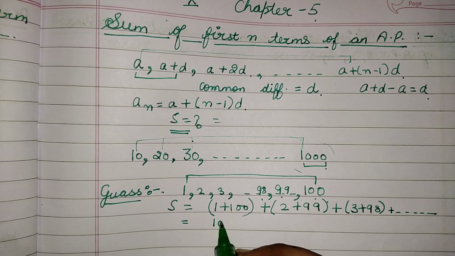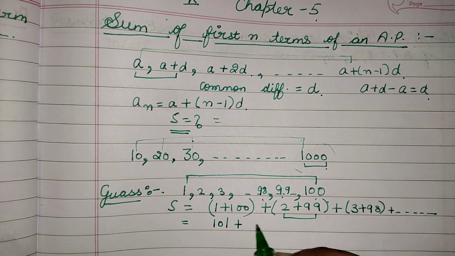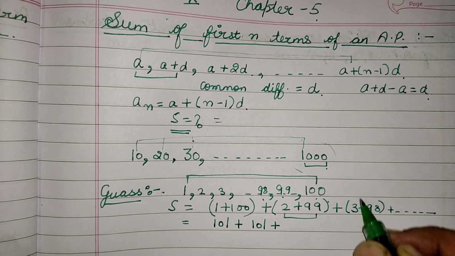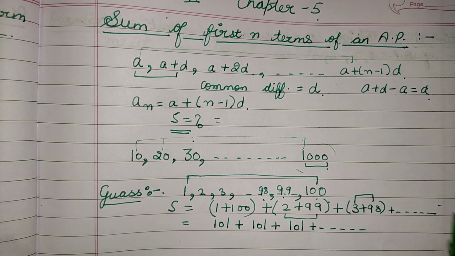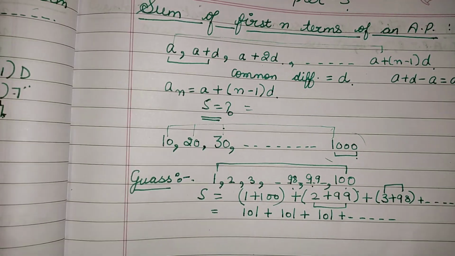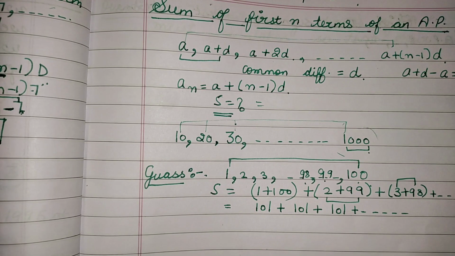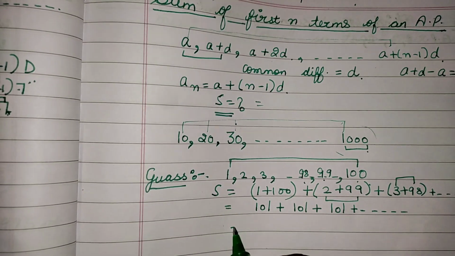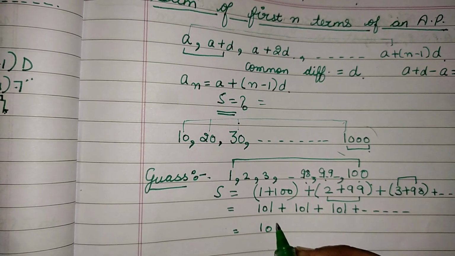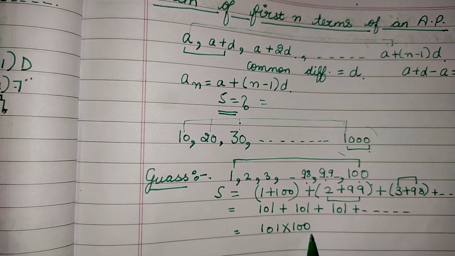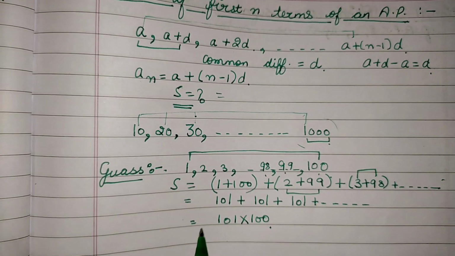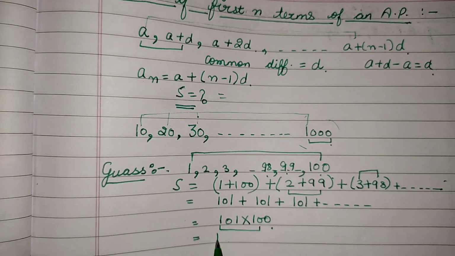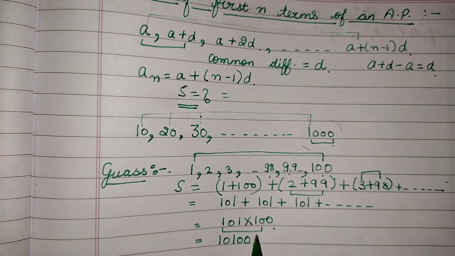So what will you get? 101 from here, and from here also 101, and from here also we will get 101. So how many such terms will be there? 100 such terms. So we can write it like this: 101 into 100, because there are 100 similar terms being added. So this will be the answer of the addition.